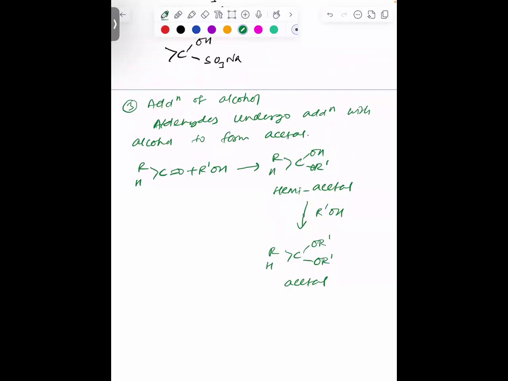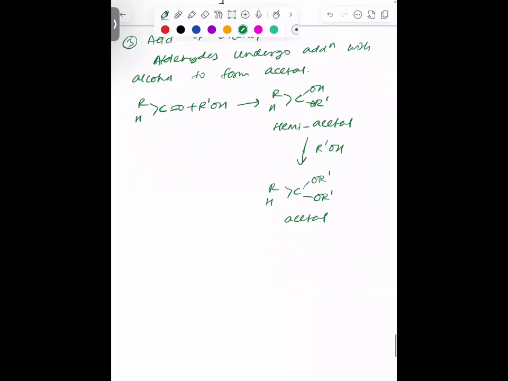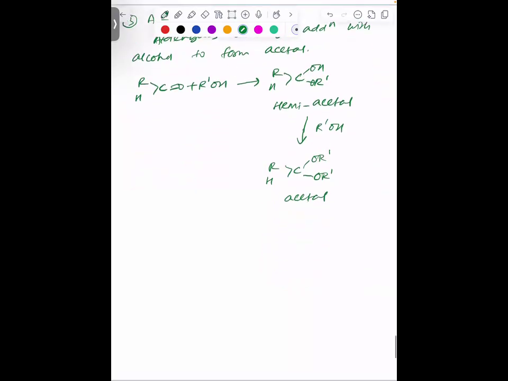So the carbon will be surrounded by 4 bulky groups, 2 alkyl and 2 alkoxy. Because of this steric hindrance, acetal or ketal formation does not occur easily. But it can react with glycol to form a cyclic ketal.